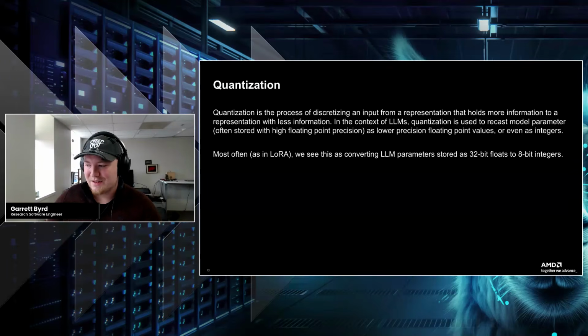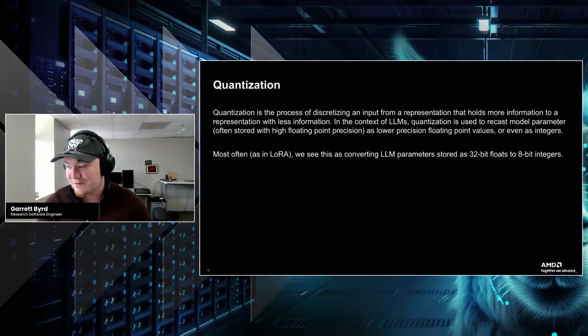But we quantize this to floating point numbers, numbers that we can express with some level of precision that we specify. And we can also quantize floating point numbers to lower precision floating point numbers. So think of taking 64-bit double precision and quantizing that down to single precision, or as we'll see today, taking single precision 32-bit floating point numbers and then quantizing that down to half precision 16-bit or even down to 8-bit and 4-bit.